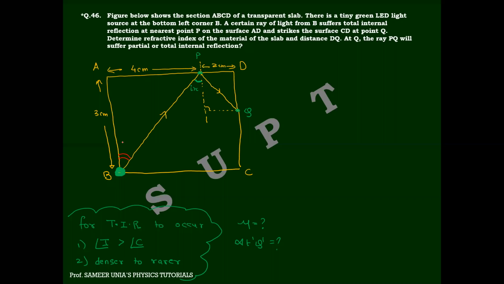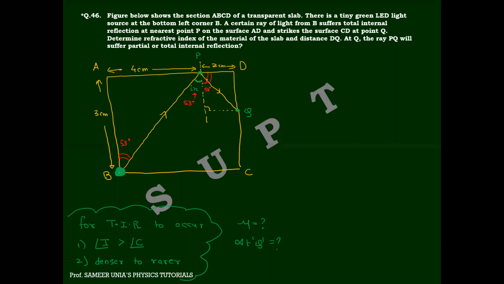Pythagorean triangle. ठीक है, ये 53 है. तो बेटा ये कितना है? 53. ऑल्टरनेट. ये भी 53 है बिकॉज रिफ्लेक्शन हो रहा है. आपको तो पता है ना रिफ्लेक्शन का फिनोमेना क्या होता है? एंगल ऑफ इंसिडेंस एंड एंगल ऑफ रिफ्लेक्शन आर द सेम. तो ये एंगल कितना रहेगा? 37. तो ये भी 37. तो सब एंगल्स हमने ढूंढ लिए.